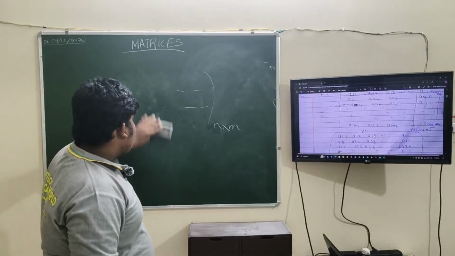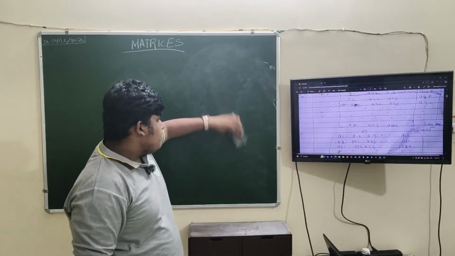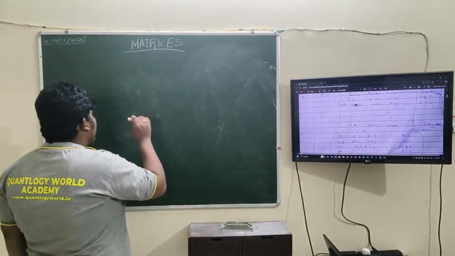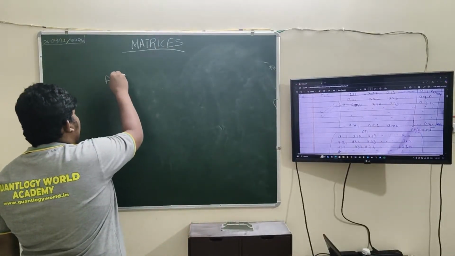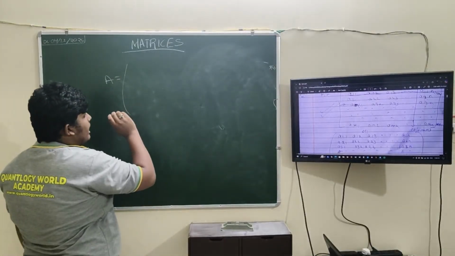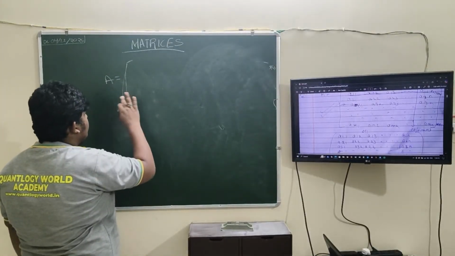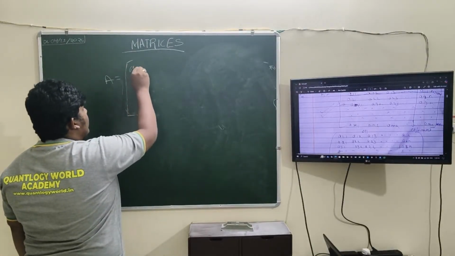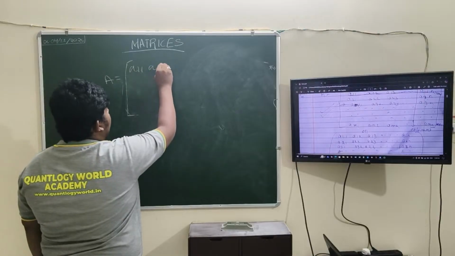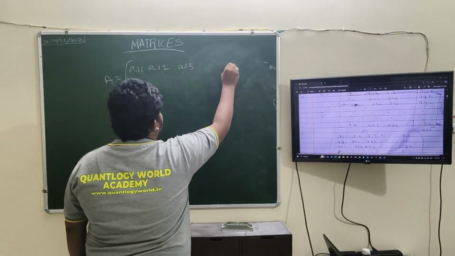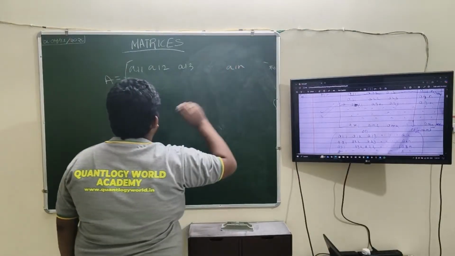Then we will go to the second topic of this class, which is the general form of matrix. Let's say the name of the matrix is A. Then we can write the elements as A11, A12, A13, A1n.